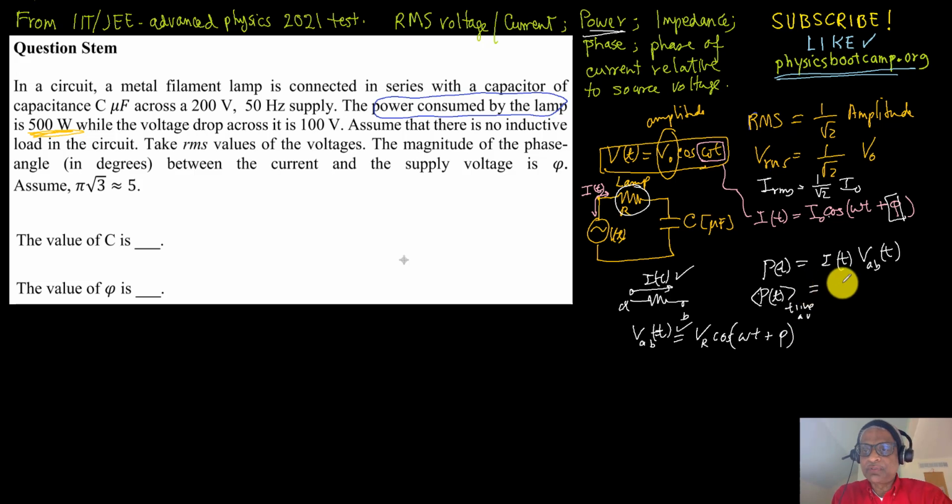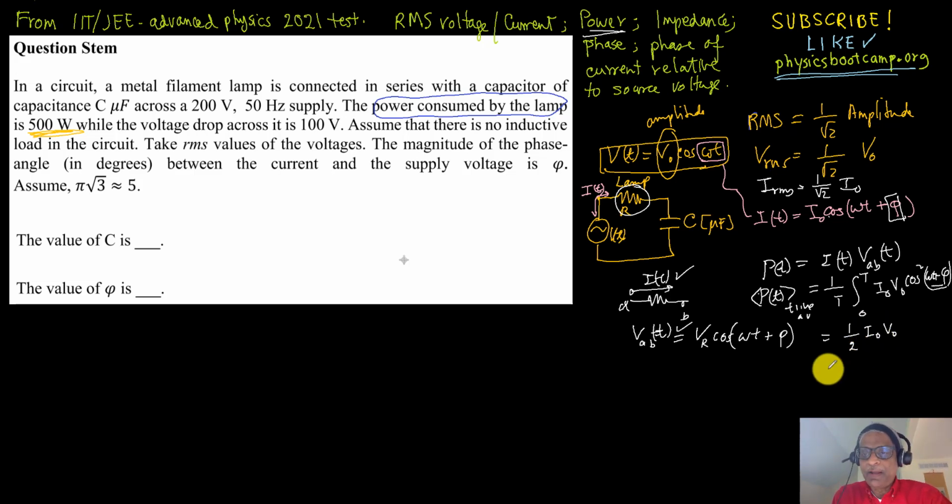So we'll have to integrate over one time period of these oscillations, 0 to the time period, and multiply these. So I have I0 V0 cosine square of omega t plus phi. Adding phase doesn't make any difference. So if I do this integral out, you will find it is 1/2 I0 V0.